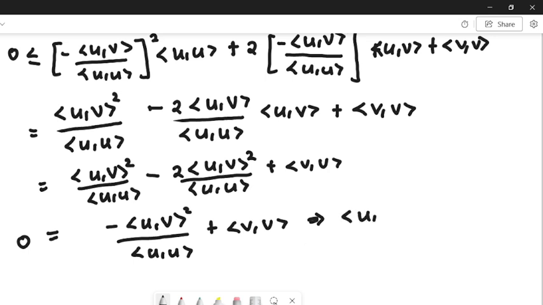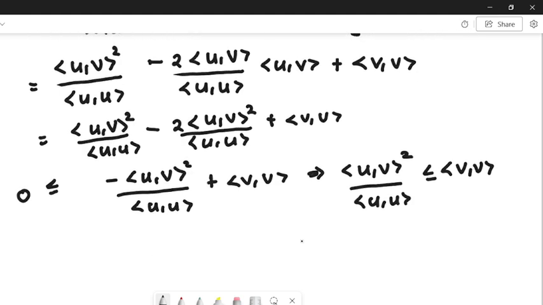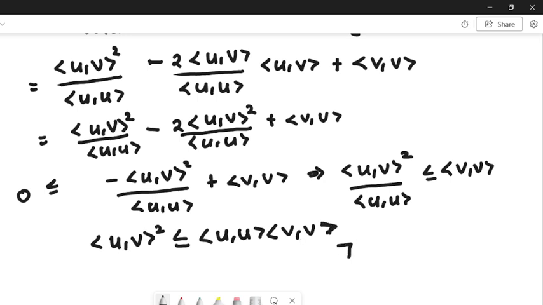We are going to get uv squared is less than or equal to, so this sign here was less than or equal to, so we are retaining the sign. Now when you multiply both sides with this inner product, you're going to be left with uv squared is less than or equal to the inner product of uu times vv, and now that proves the Cauchy-Schwarz inequality. That is the proof.